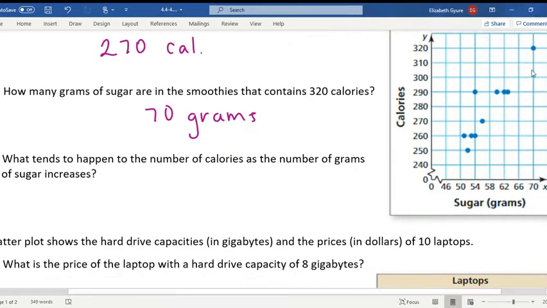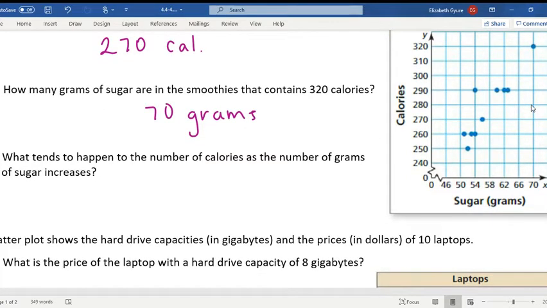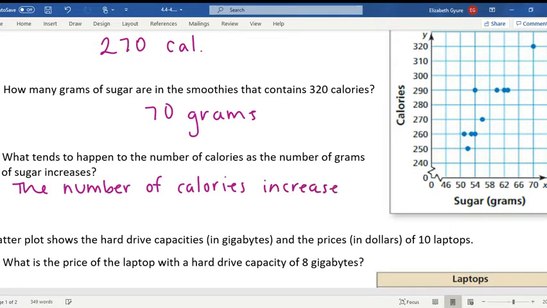So how we write this is: the number of calories increases as the grams of sugar increases.